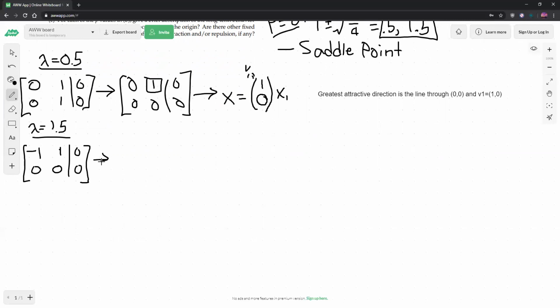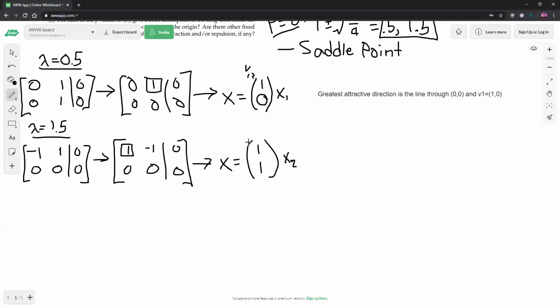All right. Reducing this is not much of a process. You really just multiply this top row by -1. And there we have it. All zeros in the bottom. And we're good. So when we write the solution to this, it's going to look like x equals x2 times 1, 1. So maybe you can call this eigenvector v2 here, and then write a little something about how this shows you what the greatest repulsive force is.